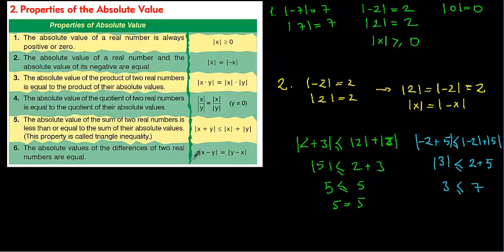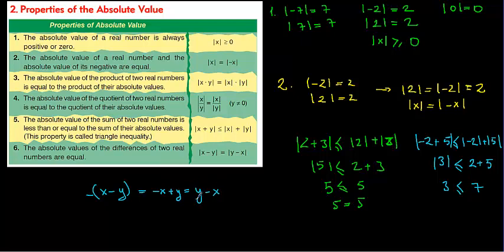Okay, with respect to this one, we can easily understand that the sixth one and the second one are the same, because when we say x minus y, the minus sign is going to be equal to minus x minus y is equal to minus x plus y, which is equal to y minus x.